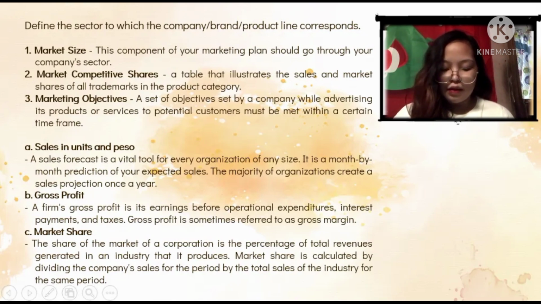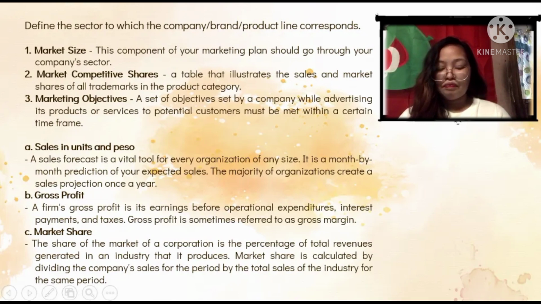The share of the market of the corporation is the percentage of total revenues generated in an industry that it produces.